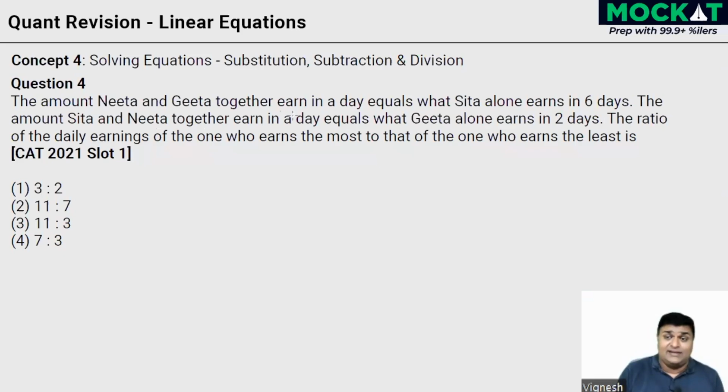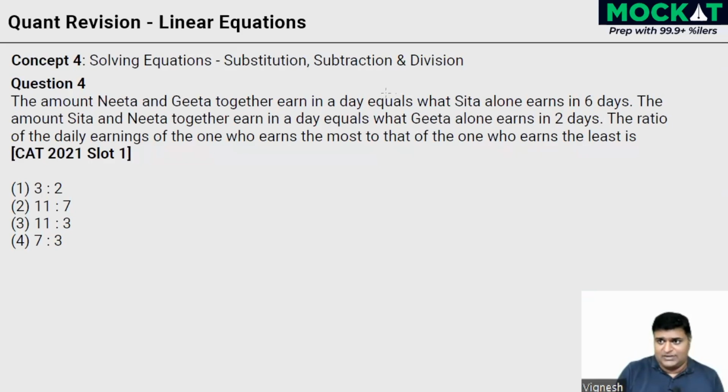The amount Neeta and Geeta together earn in a day equals what Sita alone earns in 6 days. The amount Sita and Neeta together earn in a day equals what Geeta alone earns in 2 days. Find the ratio of the daily earnings of the one who earns the most to that of the one who earns the least.